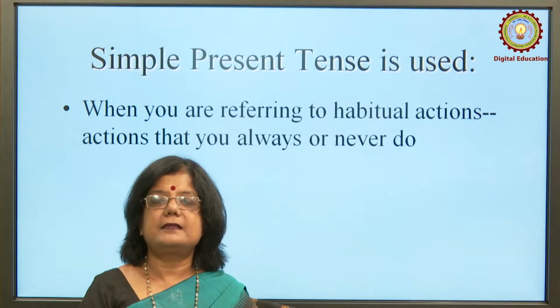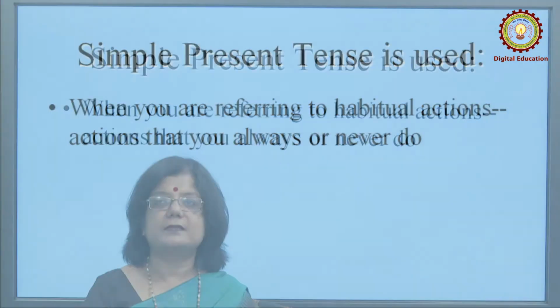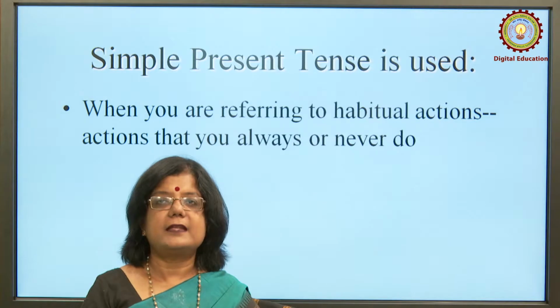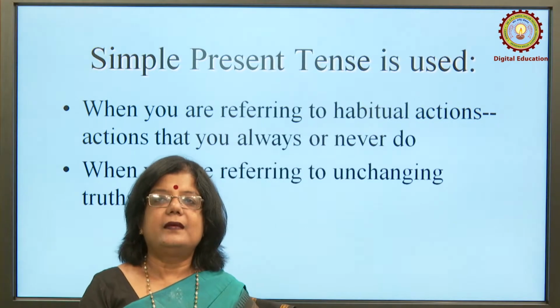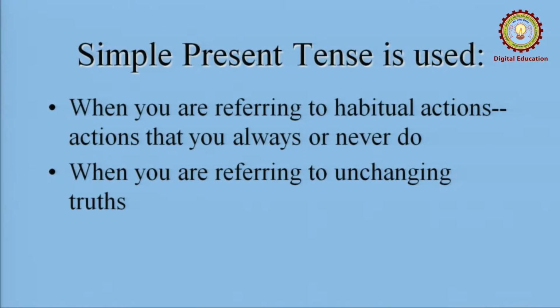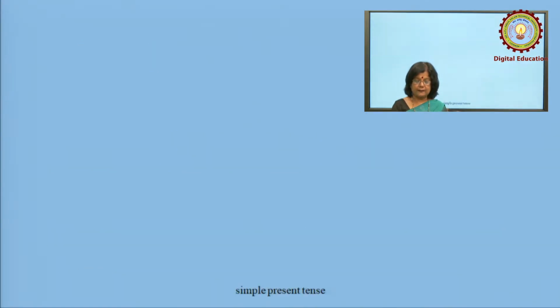Simple present tense is used broadly in the following conditions: when you are referring to habitual actions, actions that you always or never do. Next, when you are referring to unchanging truths, or when you are making general statements of fact.